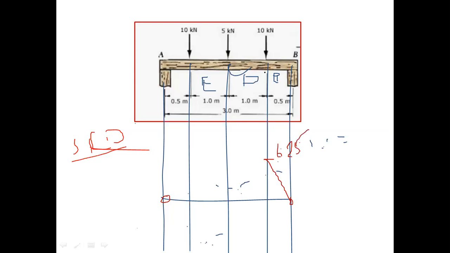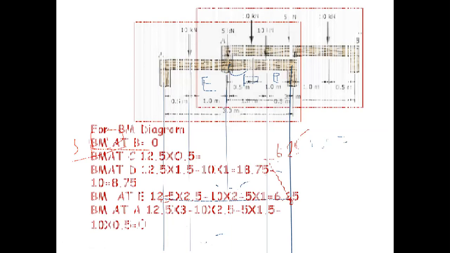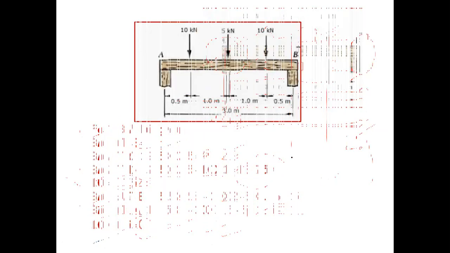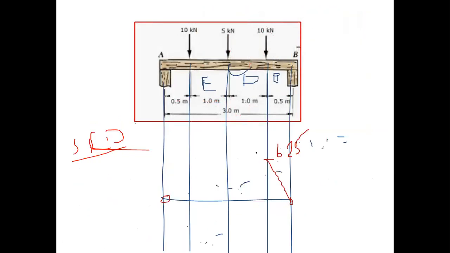Then after that, what is the value of the BM at point D? The value at D is equal to 8.75. So it is slightly higher, 6.25 and 8.75.